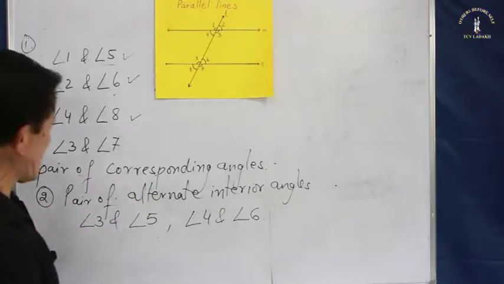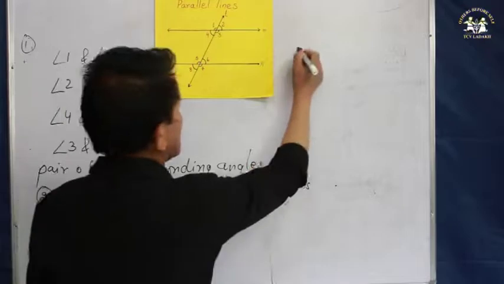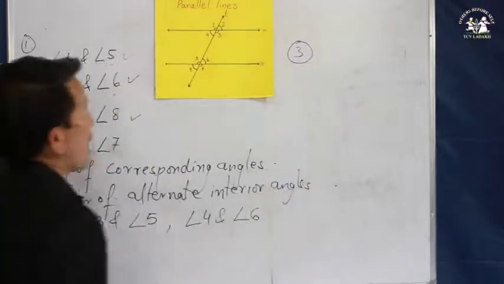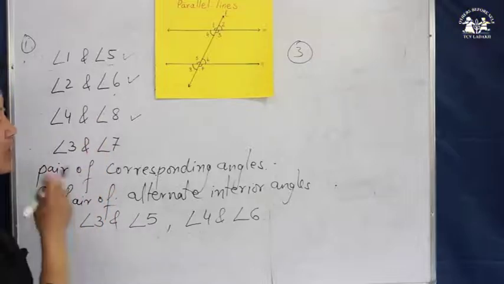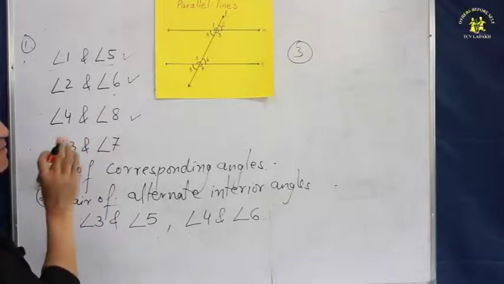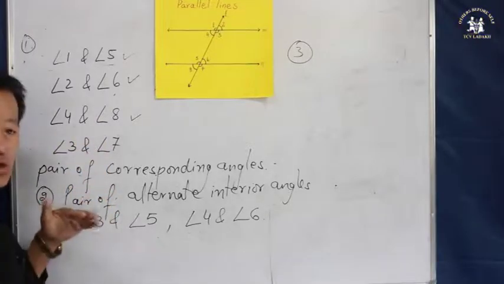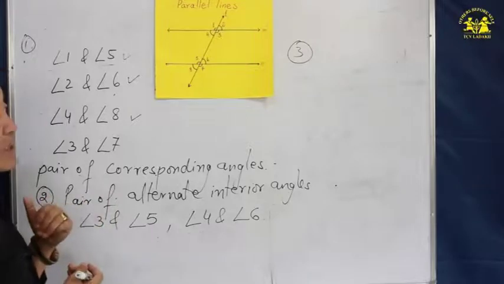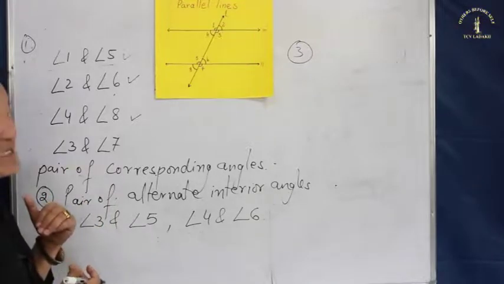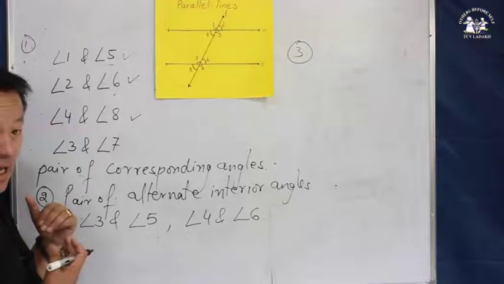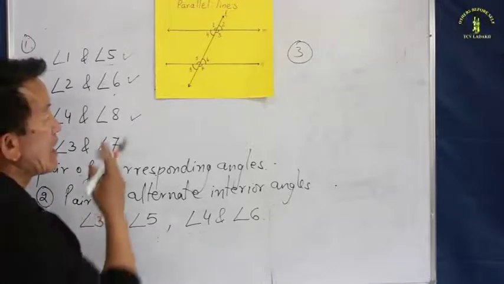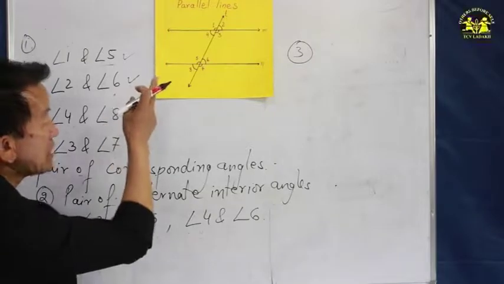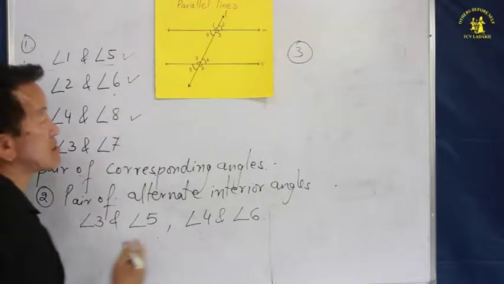And then the last one is, if you look at the diagram, you'll find angles 3, 4, 5 and 6 are between the two given parallel lines. So these are interior angles. Now we pair angle 3 with angle 6.